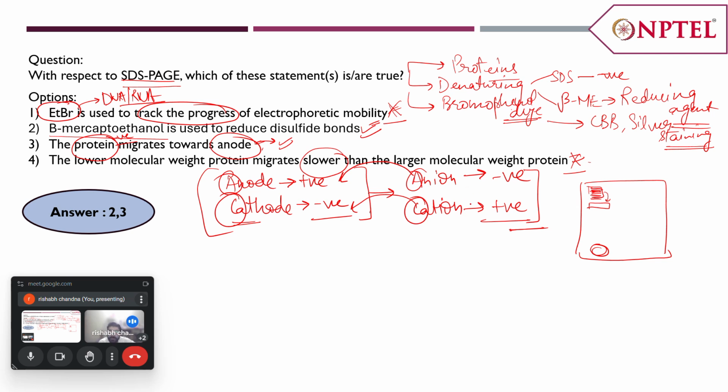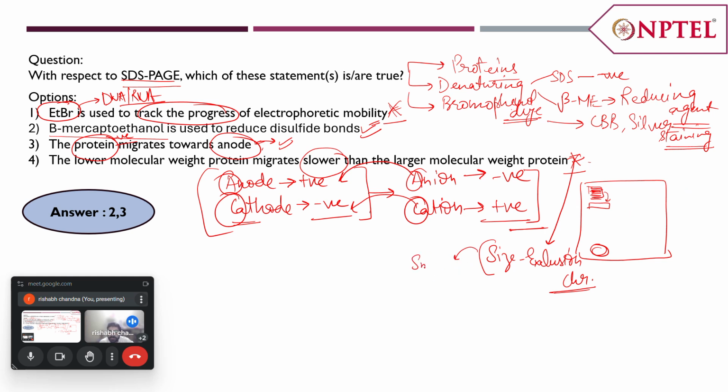Now, the fourth option that I can see is correct in case of size exclusion chromatography. Just give it a thought. Whenever we add a sample in size exclusion chromatography, the reverse happens compared to electrophoresis.